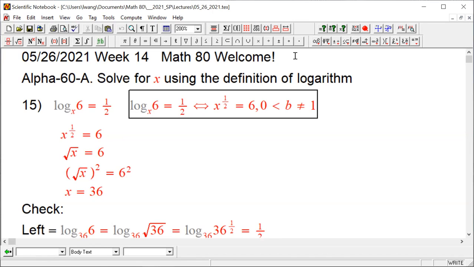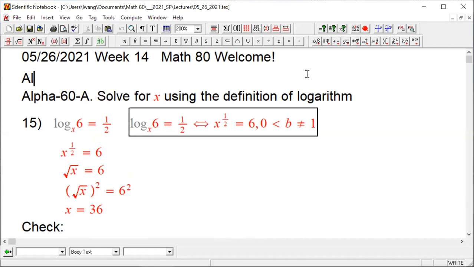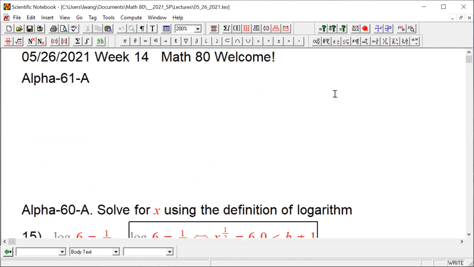Now, the next section we want to get to, if you need more exercise, there's Alpha 60B, and today we want to get to Alpha 61A. We're going to see how Alpha 61A works.